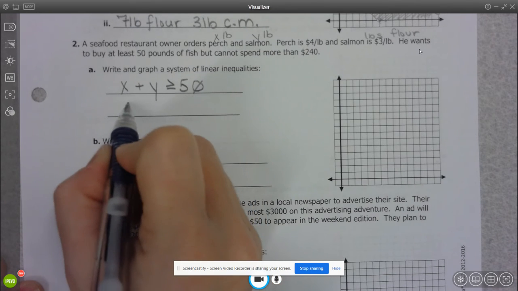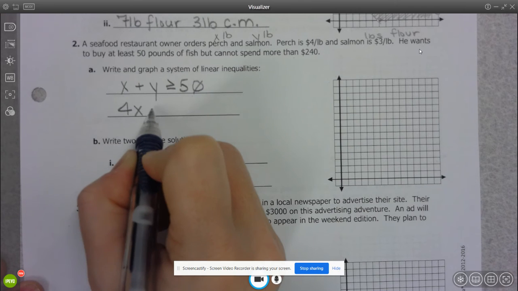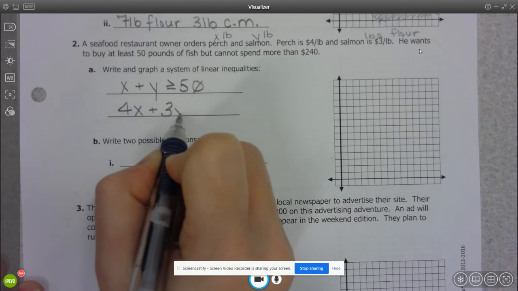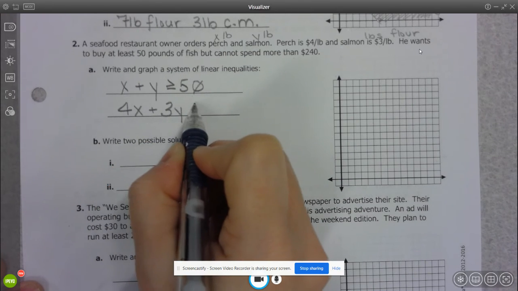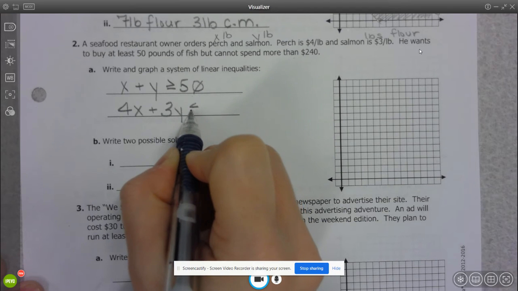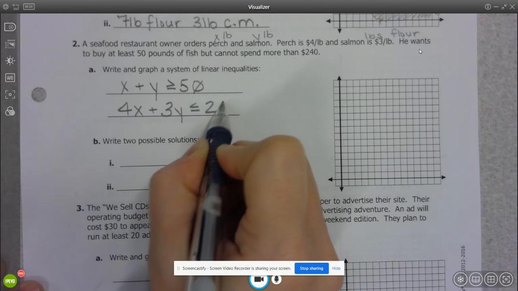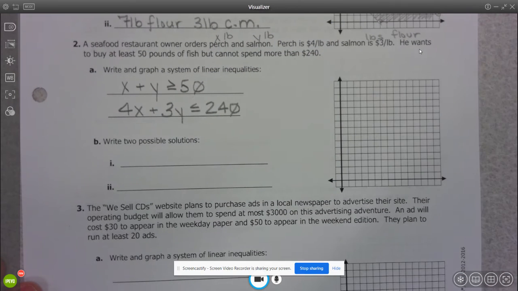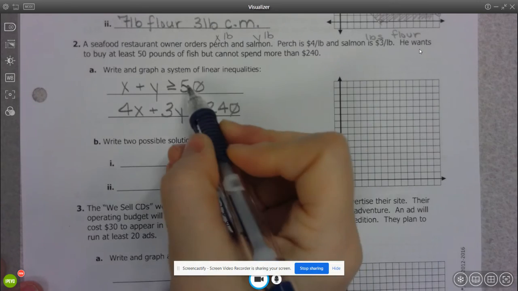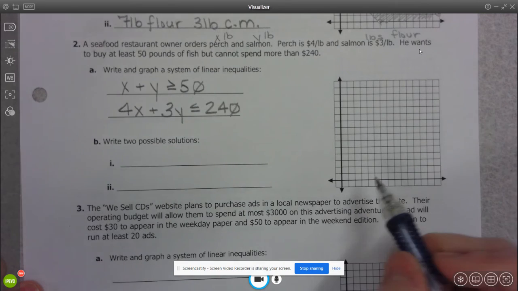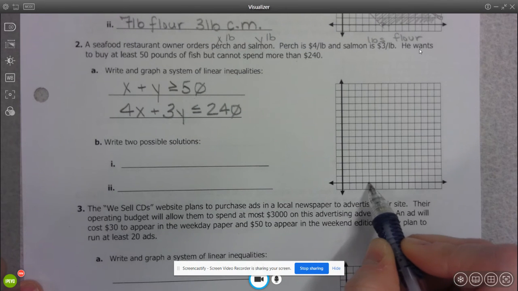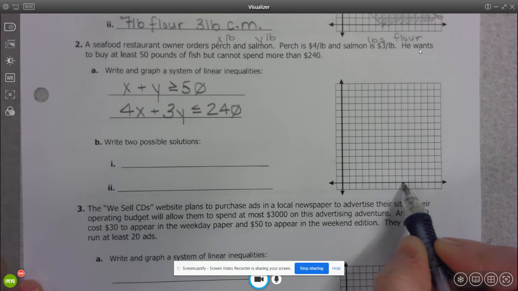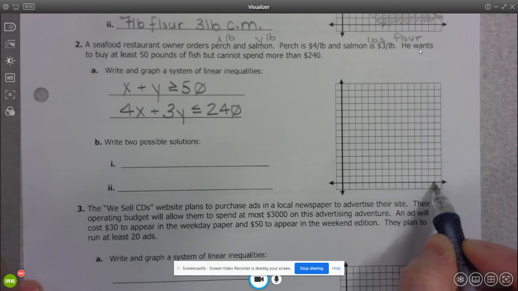And then perch is $4 a pound. Salmon is $3 a pound. And we cannot spend more than $240. We could spend up to $240, but we can't go over that. So I'm going to start, let's see, 14, 15.